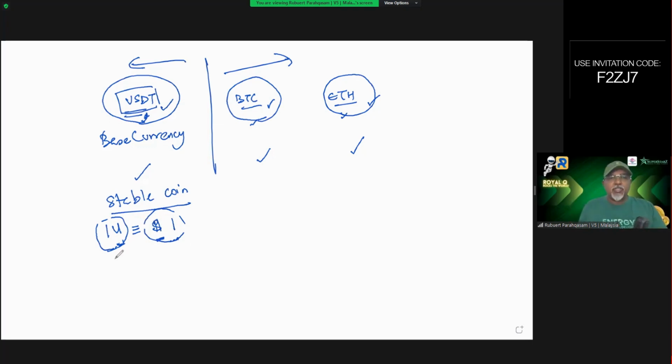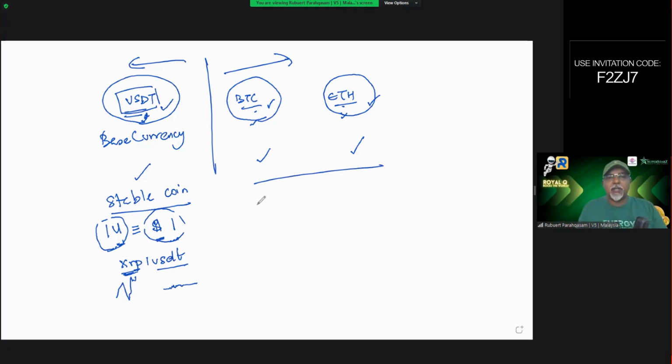So when you are trading XRP versus USDT, the price of XRP may be fluctuating. The price of USDT does not fluctuate. You have to understand that, yeah? Only one side. When you are looking at the BTC or ETH market, these are cryptocurrencies that are volatile on both sides.